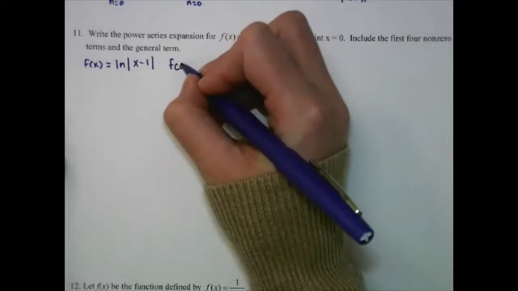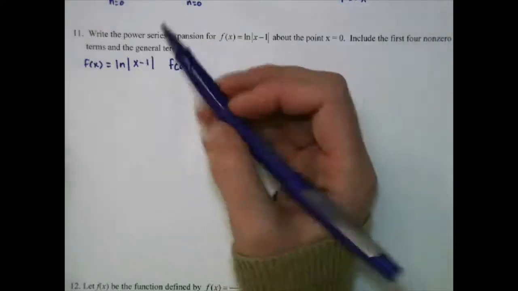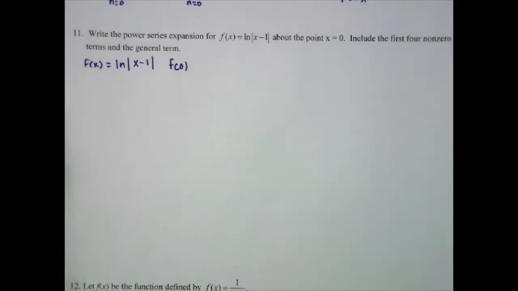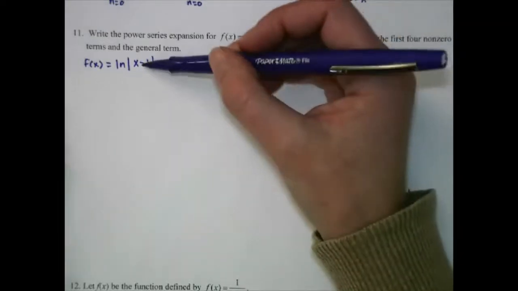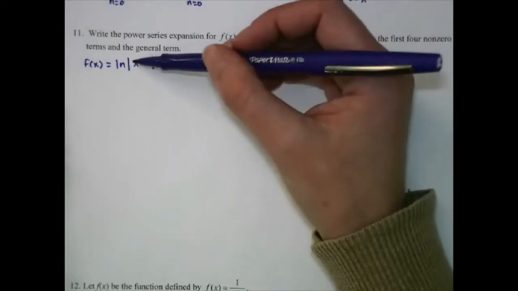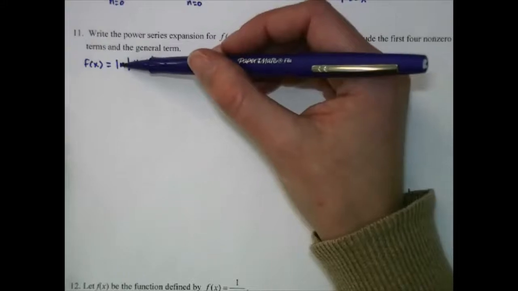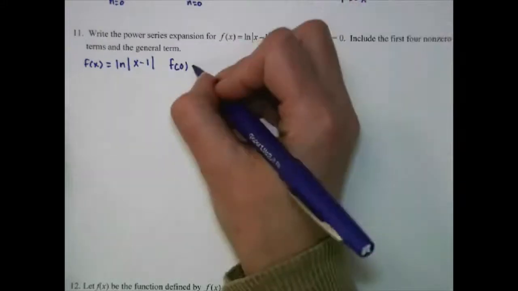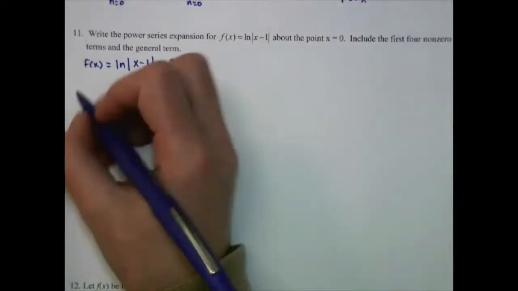So f of 0 will be the natural log of 0 minus 1, so the natural log of a positive 1 for the absolute value, which is 0.